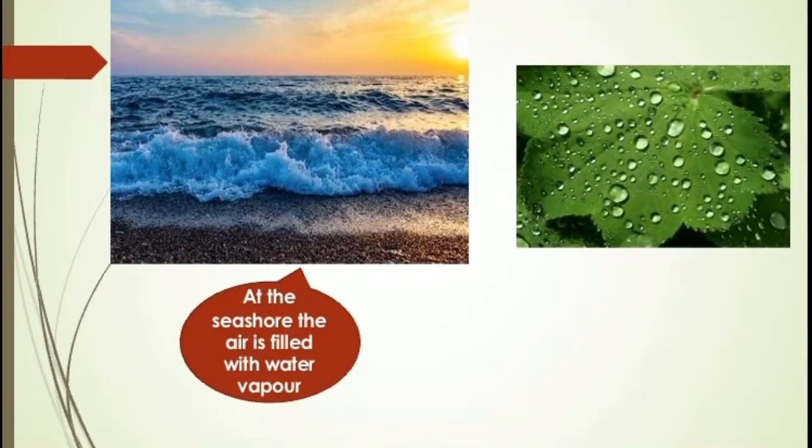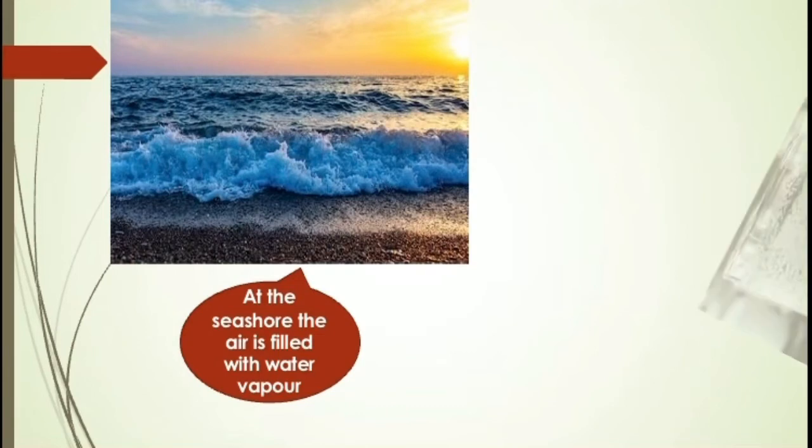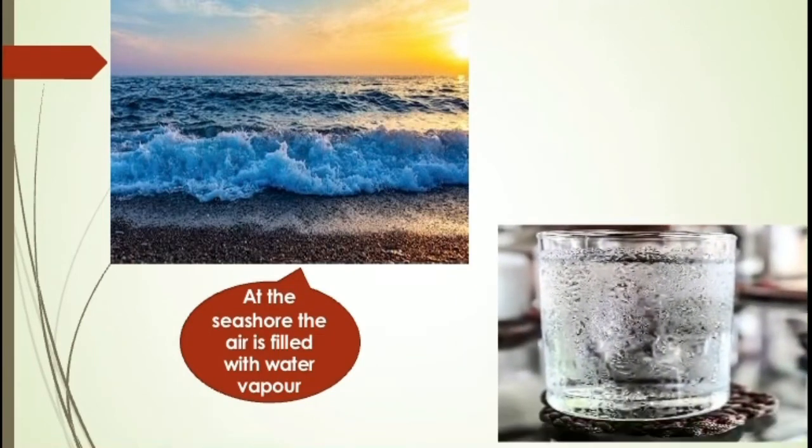Have you seen dew drops on leaves in the morning? Where do they come from? Some water vapor is always present in the air around us. It cools down when it touches the cold surface. So dear students, have you seen a cold glass of water?